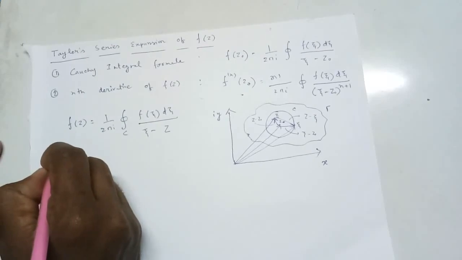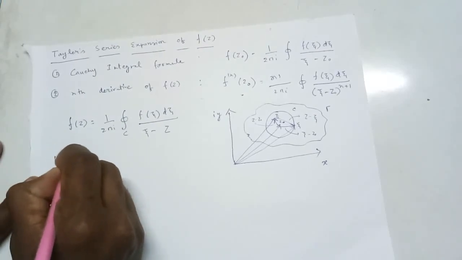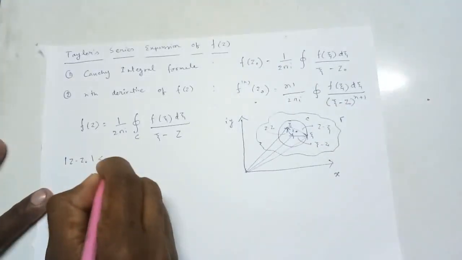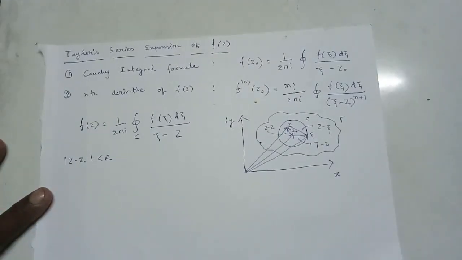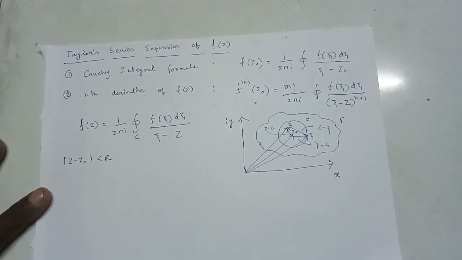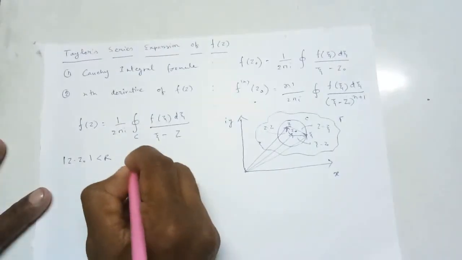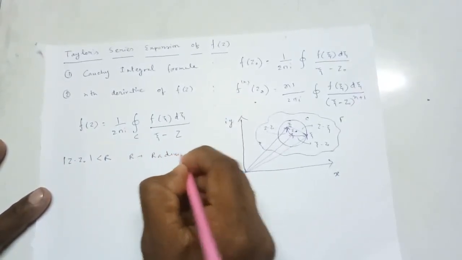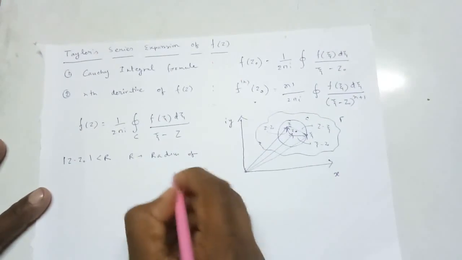Here the modulus of z minus z0 is less than capital R, where R is the radius of convergence.